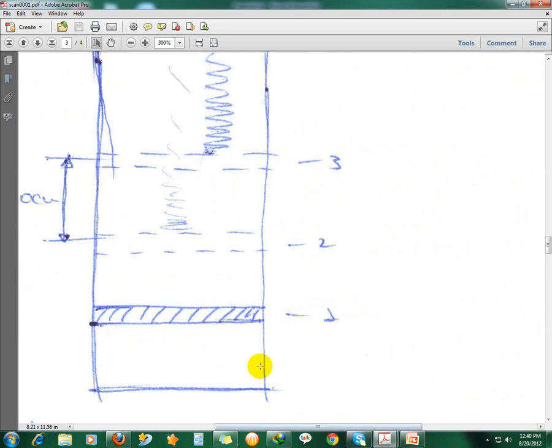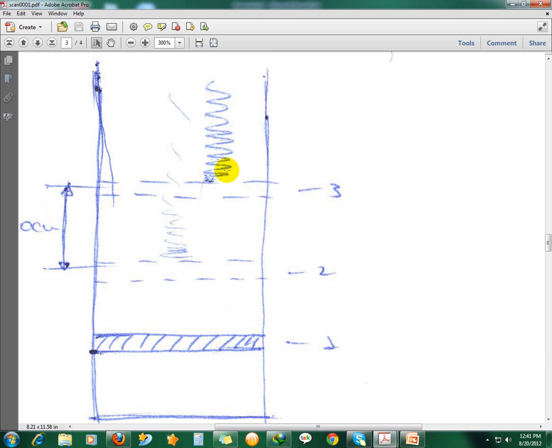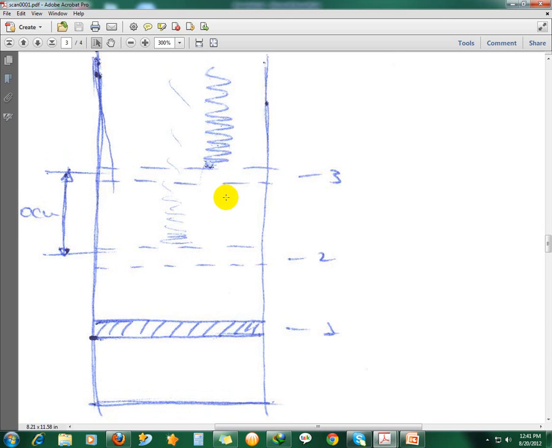meter. So in this process we have three stages: stage 1, the initial stage, and stage 2 when the piston touches the spring, and stage 3 after the spring is compressed.